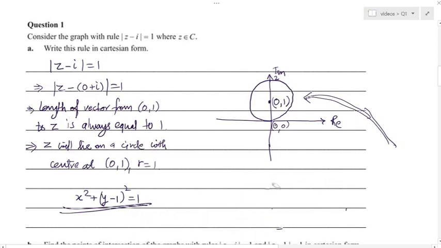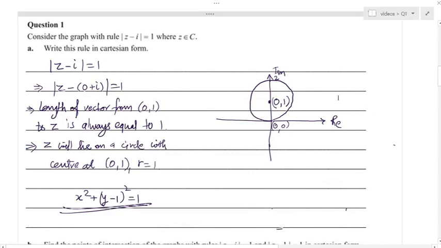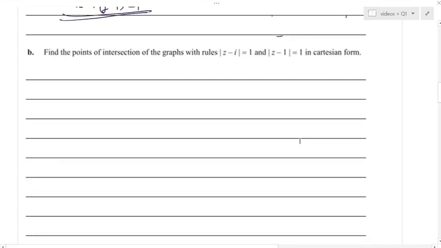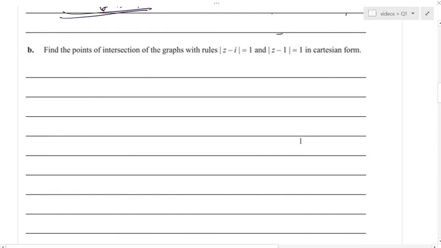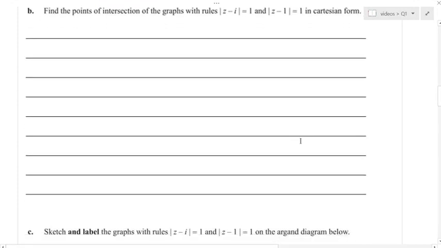Okay, let's look at part 2 of the question. Find the point of intersection of two rules. The first rule is mod z minus iota equals 1, and as last time, I'll slightly change it so that it looks familiar.